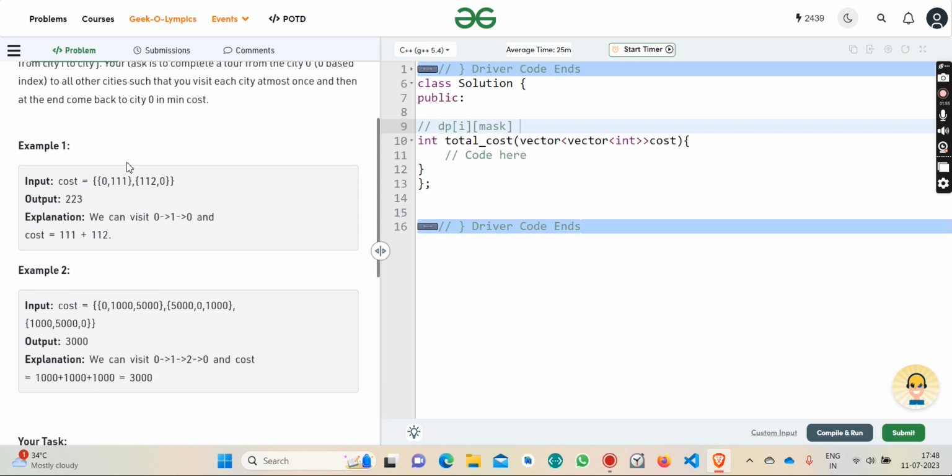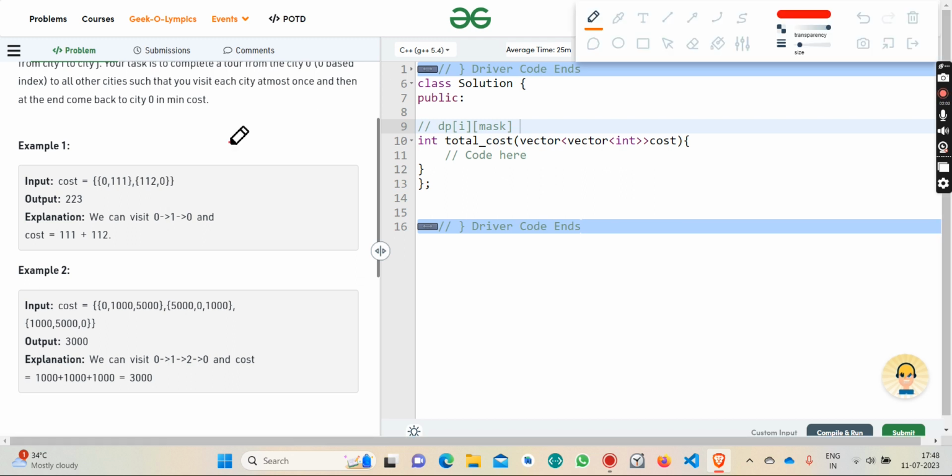Suppose for this example, what do we mean by the cost matrix? The matrix given is 0, 111, 112, 0.